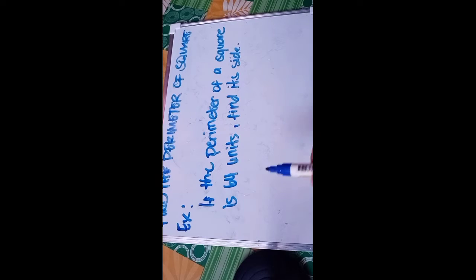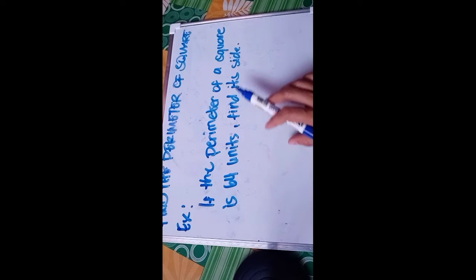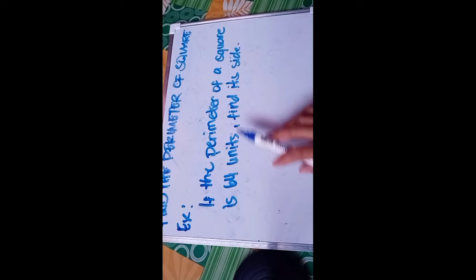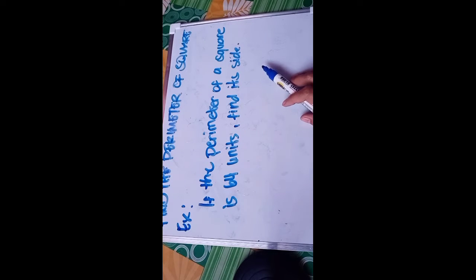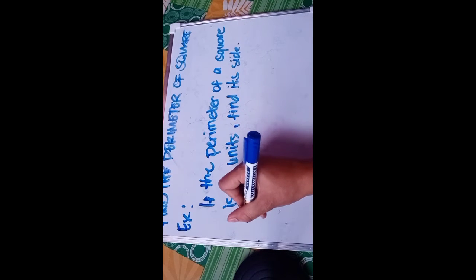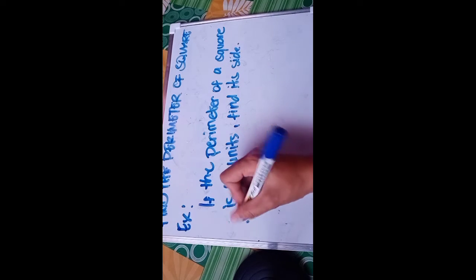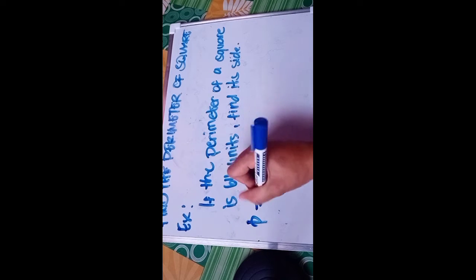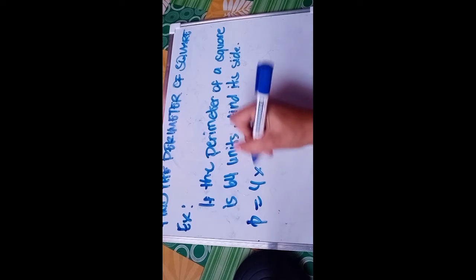So let's have another example of the perimeter of a square. If the perimeter of a square is 64 units, find each side. So our formula is perimeter equals 4 times side.